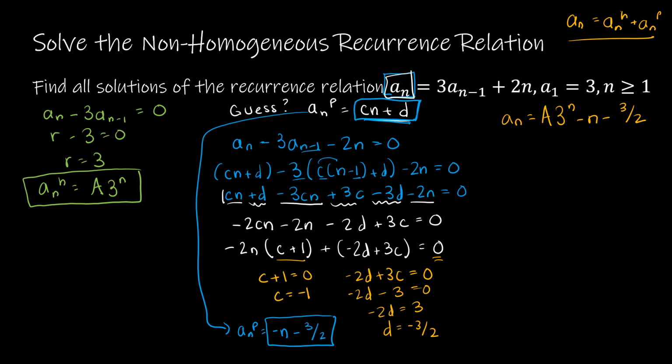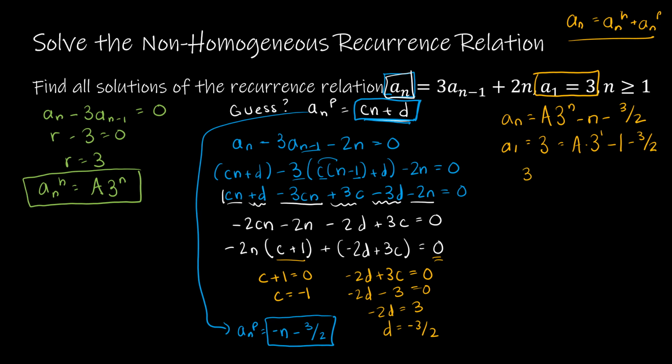So what's going to happen now is I have to figure out what is a, because that's the only value that I have left to solve for. So this is where I'm going to have to use that initial condition. So I'm going to say A1 is equal to 3, and 3 is going to equal A times 3 to the first, because n is 1, minus n is 1, minus 3/2.